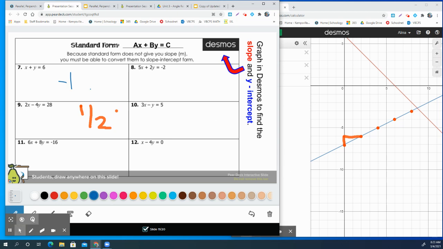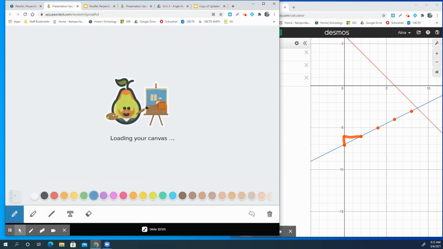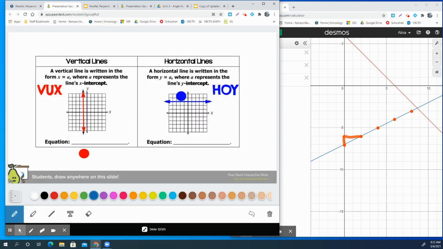Then let's go on to the harder part. I'm just not sure what you guys remember from algebra, so I need you to let me know, right? We talked about this a little bit on our slope day, the Hoy line and the Vux line. So write yourself a note if you need it, but Vux means it's vertical and undefined. Vertical lines are undefined, and they're perpendicular to Hoy lines or horizontal lines with a 0 slope.